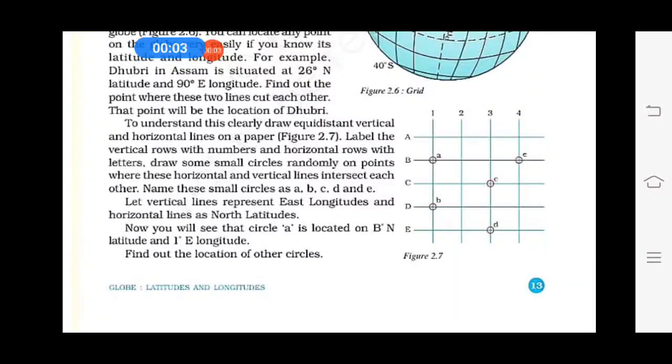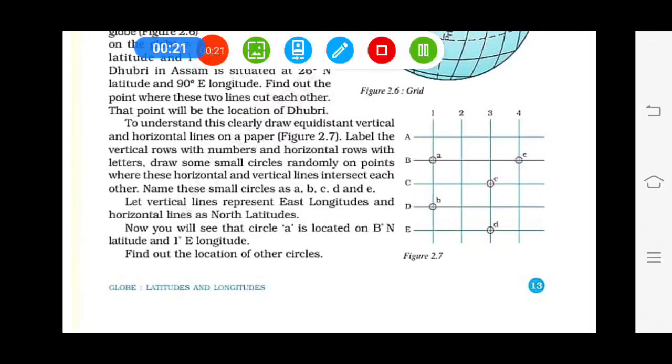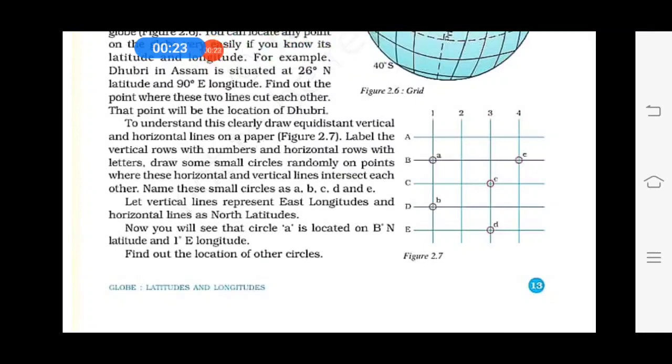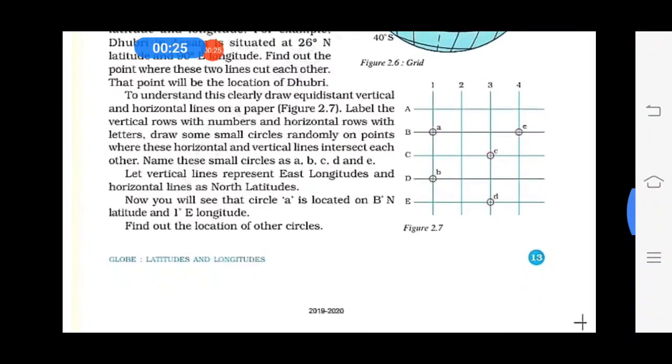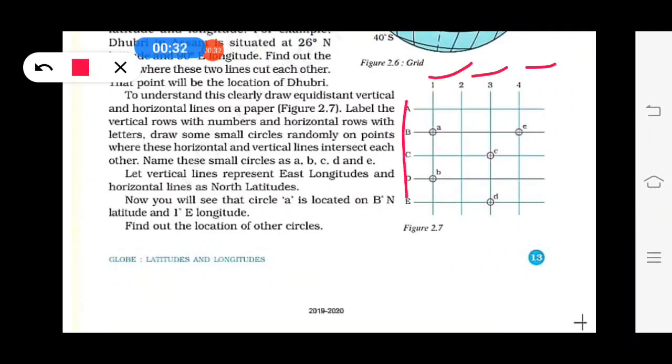To understand this clearly, draw equidistant vertical and horizontal lines on a paper like this picture. Label the vertical rows with numbers 1, 2, 3, 4 and horizontal rows with letters capital A, B, C, D, E.